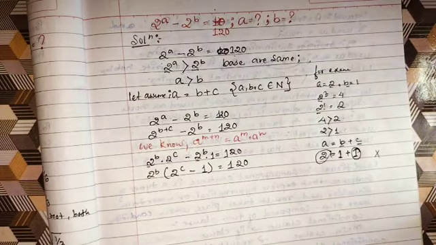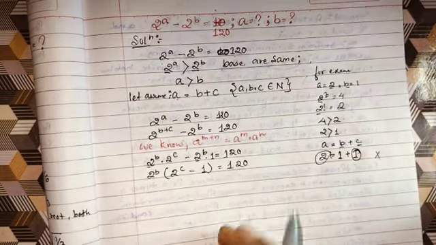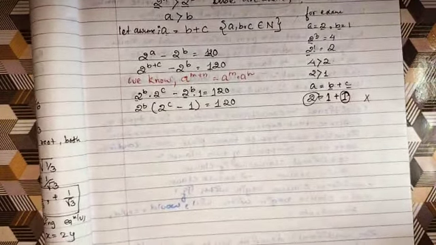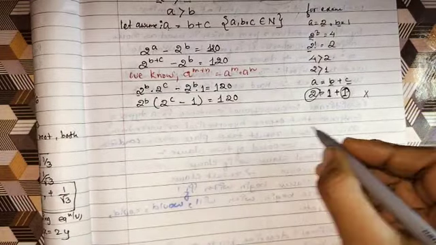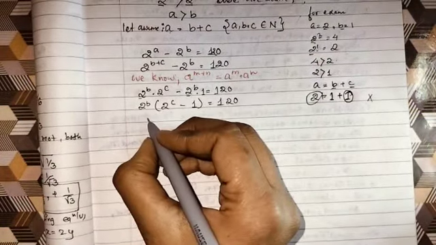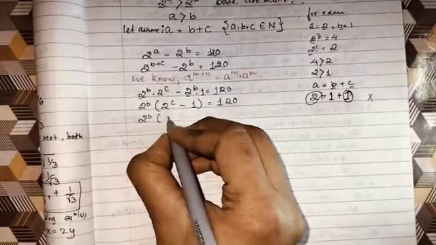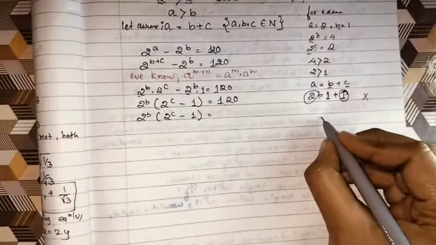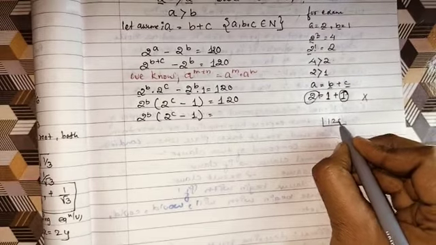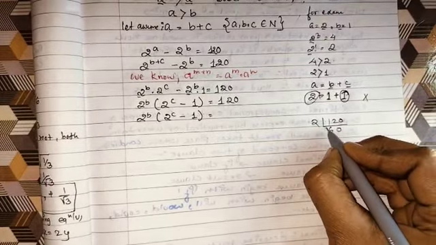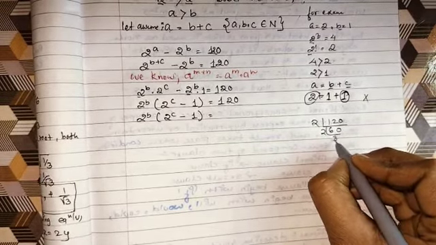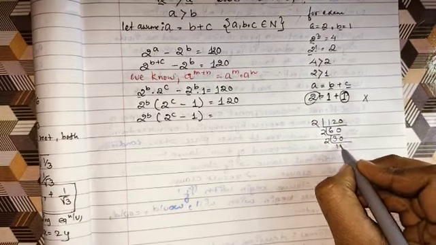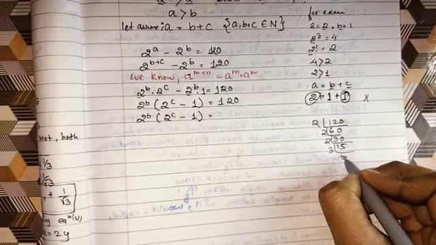Fine. Now for 120, first let's write other thing as same. Now 120 what we can do is, 2 60s are 120, 2 30s are 60, 2 15s are 30, 3 5s are 15. Fine.